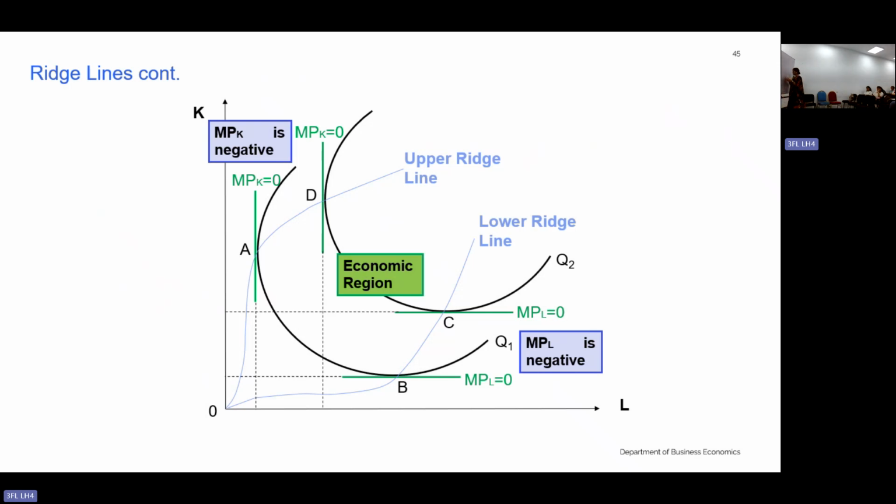Okay. So here we can understand MPL is negative. Okay. Then we are coming to the third region. Here, this part. And the main part. Up to here, the main part. What happened? If we want to increase labor, we have to decrease capital. So there is a trade-off.